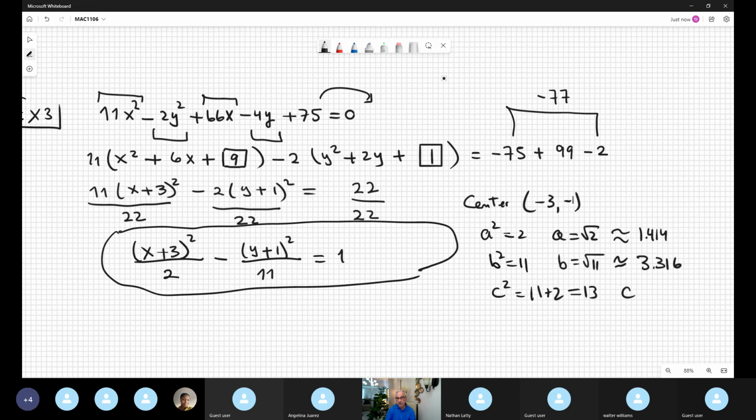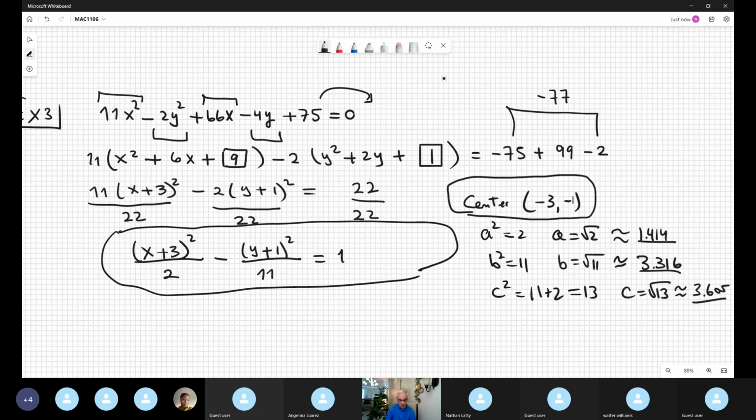Therefore c alone is the square root of 13, which is 3.605. This is the focal distance. This is the distance for the vertex, and this is the distance to build the reference rectangle, and it's located from the center, is this.